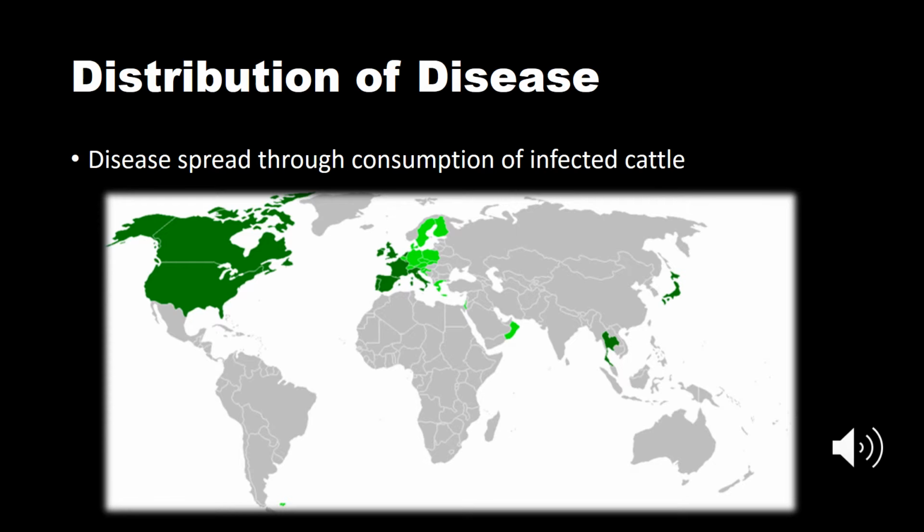And then for the human cases, CJD, definitely most of North America. You've got Western Europe, I think the UK, France and Spain, and Thailand and Japan were definitely affected. But again, these are only confirmed cases, so other countries may have had this disease in humans or animals. They just don't have the proper tools, I guess, to classify or even report it.